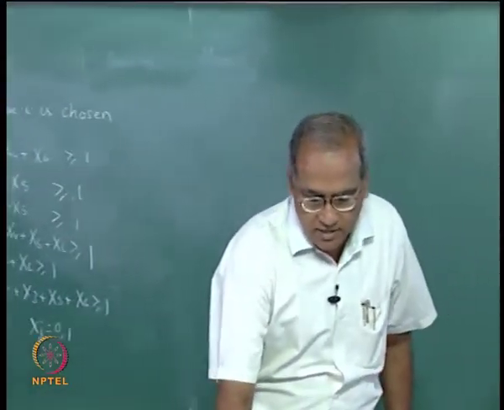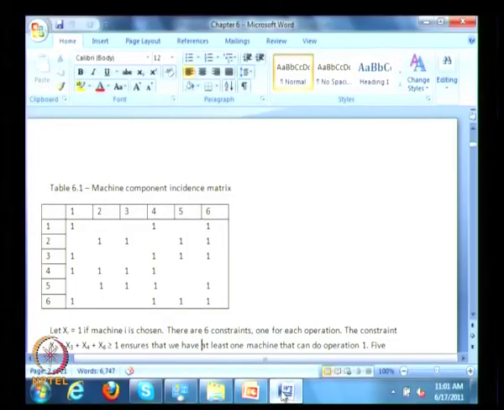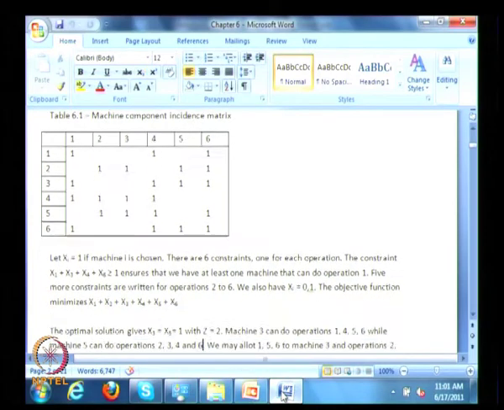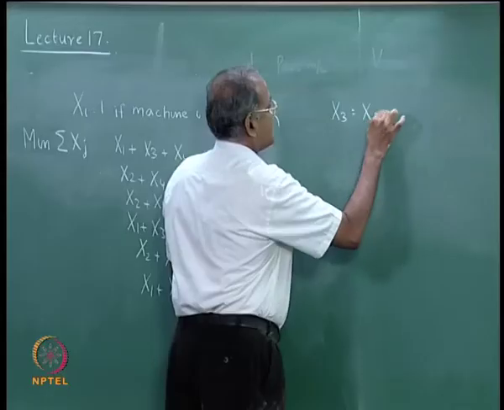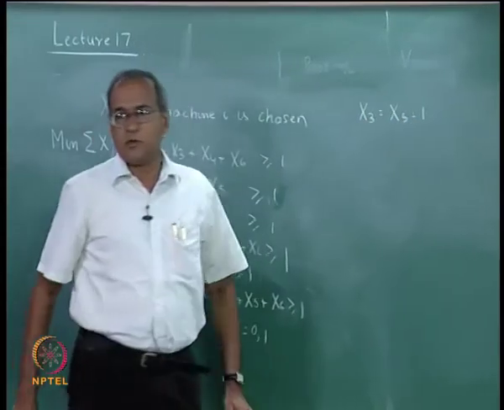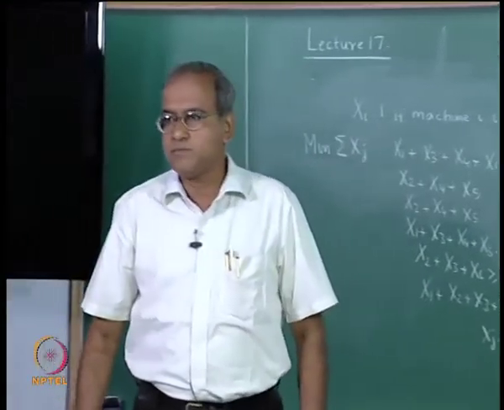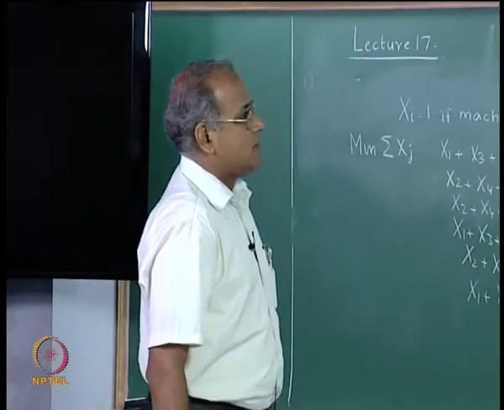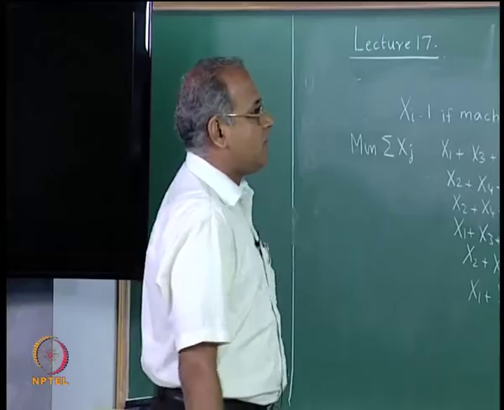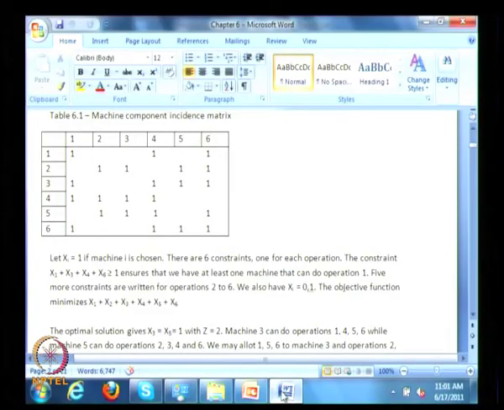So, for this particular example, the optimum solution is x3 equal to x5 equal to 1. So, for this solution x3 equal to x5 equal to 1, and with 2 machines we will be able to do it. So, x3 will do operations 1, 4, 5 and 6.